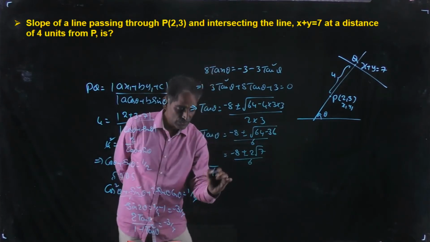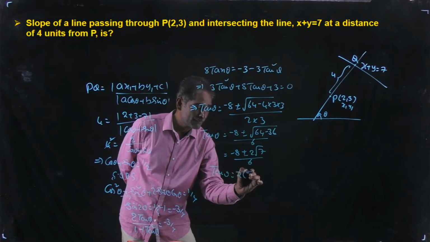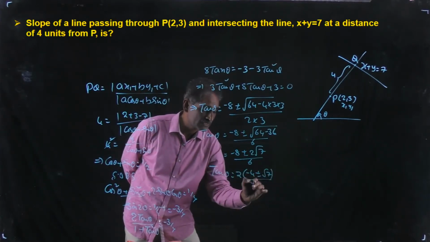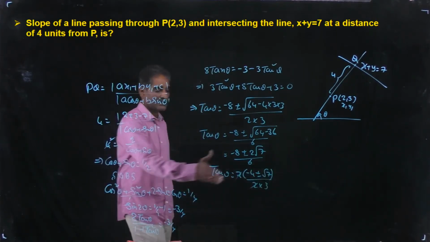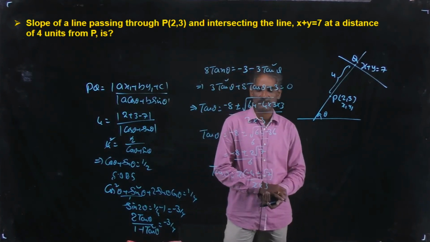So tan theta equals 2 times (minus 4 plus or minus root 7) by 2 times 3. This is the value of tan theta: tan theta equals (minus 4 plus root 7) by 3 or (minus 4 minus root 7) by 3.